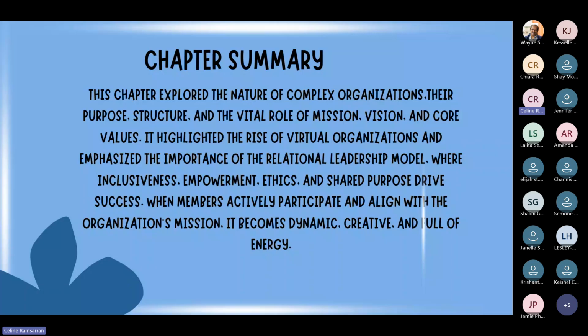People naturally bring their best selves to work. Ultimately, organizational life does not have to be boring meetings and rigid rules. When purpose and passion come together, work can be exciting, creative, and full of energy, a place where everyone can contribute meaningfully to a shared vision.